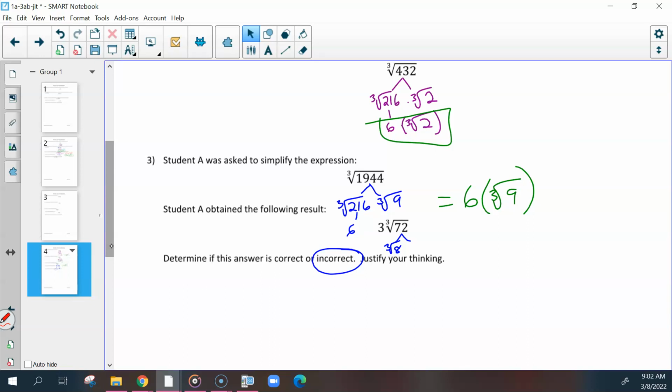You could also say that this is not fully simplified because you could break this down to the cube root of 8 and the cube root of 9, which would have gotten you 3 times 2 times the cube root of 9, so still 6. Either way, it was not fully simplified. Do we have any questions on 3?